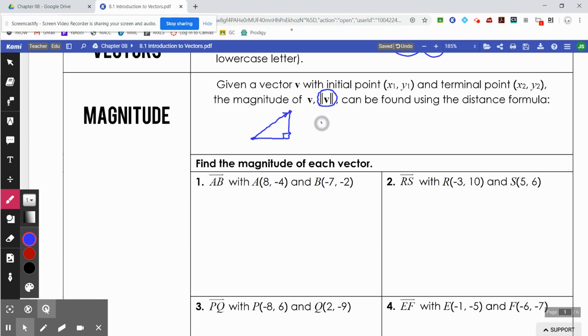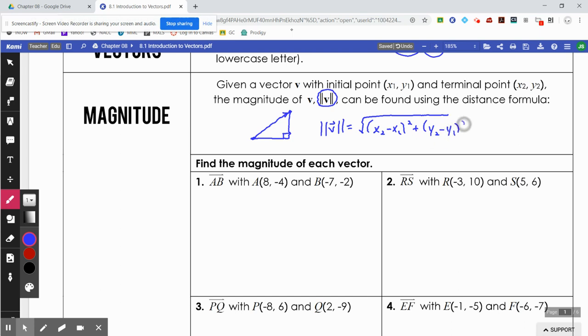So the magnitude of vector v, and you can put the vector symbol above it if you would like, is equal to the square root of x2 minus x1 squared plus y2 minus y1 squared. So there is your distance formula.